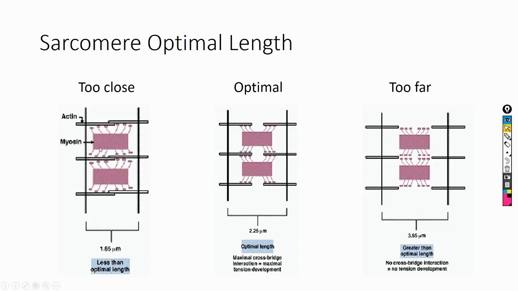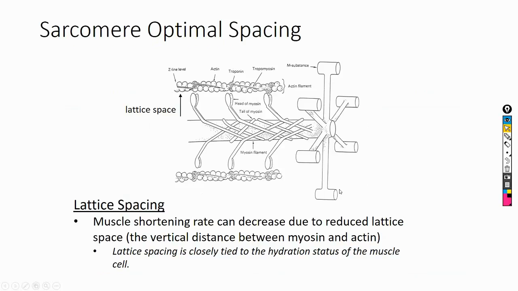Here we're starting to have overlap, and that's just going to reduce this sarcomere's ability to produce force. It's just that orientation is messing with those cross bridges being able to interact with their actin counterpart. So that's the horizontal.